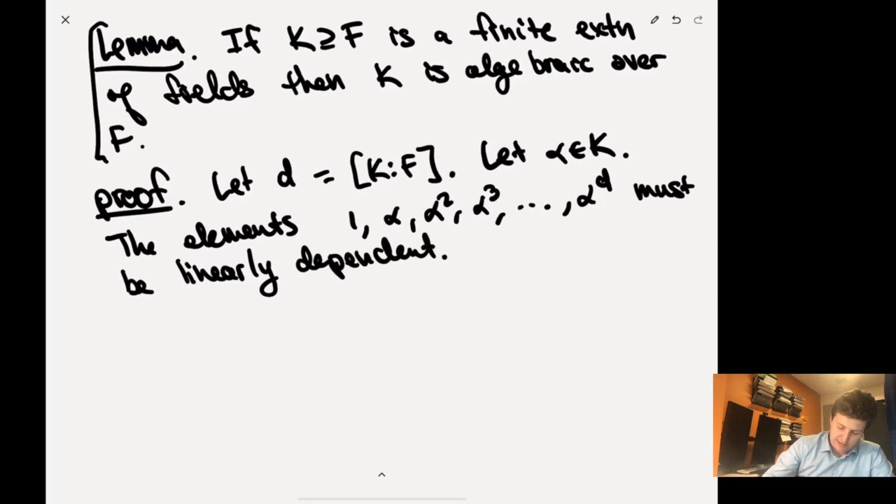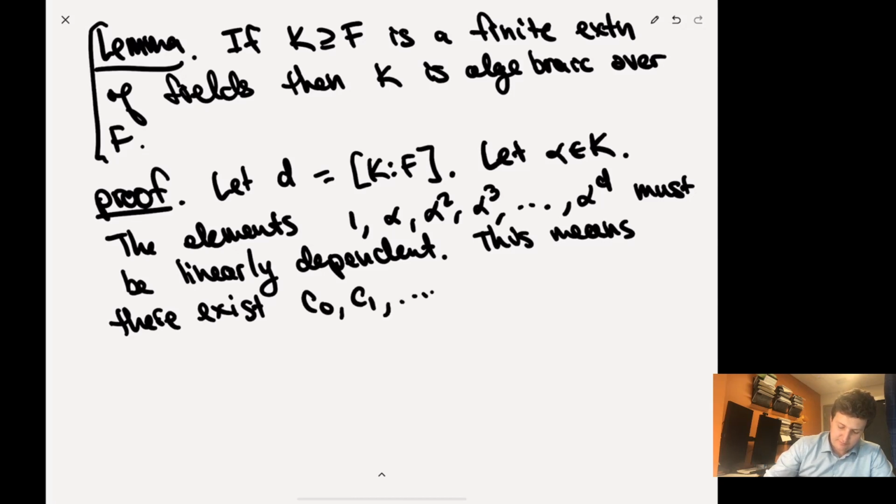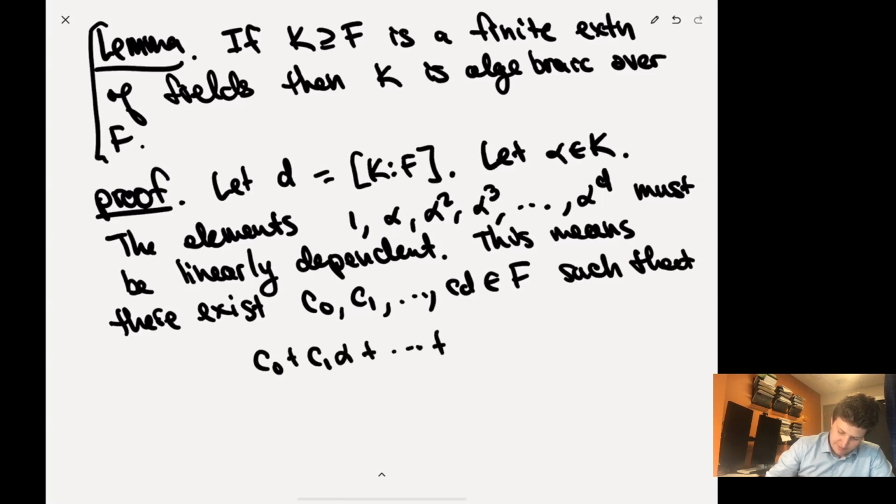So this means there exist, since this is linear dependence over F, some c0, c1, all the way up to cD in F such that c0 times 1 plus c1 alpha plus all the way up to cD alpha to the D equals zero. This is the linear dependence relation.